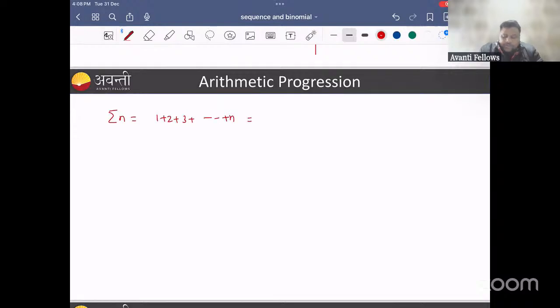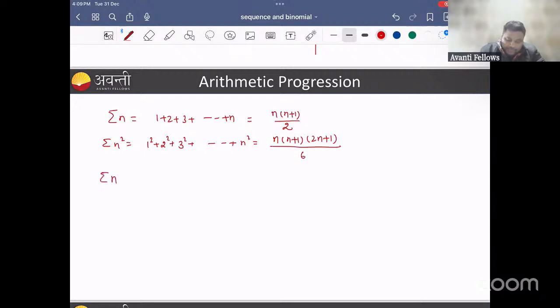This is the sum of the first n natural numbers, and the formula for this is n into n plus 1 upon 2. Correct? Then sigma n square, that is 1 square plus 2 square plus 3 square up to n square. This is n into n plus 1 into 2n plus 1 upon 6.